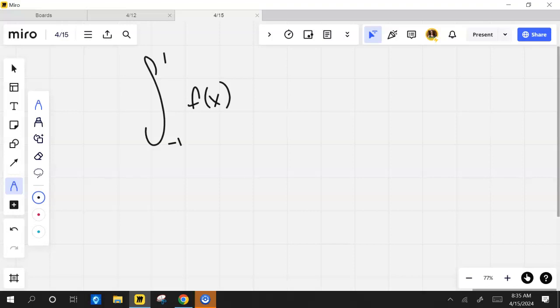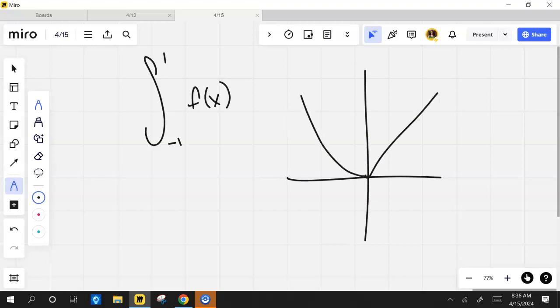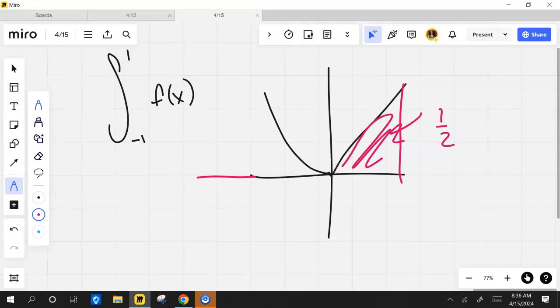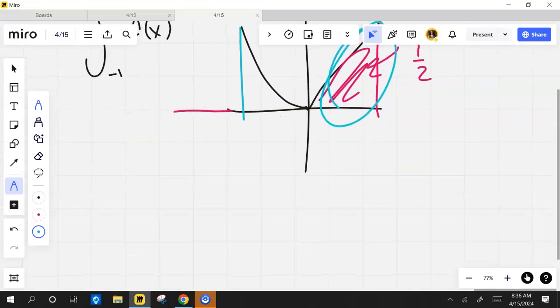Because what you have is this piece of a parabola and then this piece of a line. Well, this is easy to find the area under. No, it's a triangle because it's a line. I remember sitting and staring at this for just a second and going, wait, I don't have my calculator, how am I finding this? But then I realized this is a triangle, right?